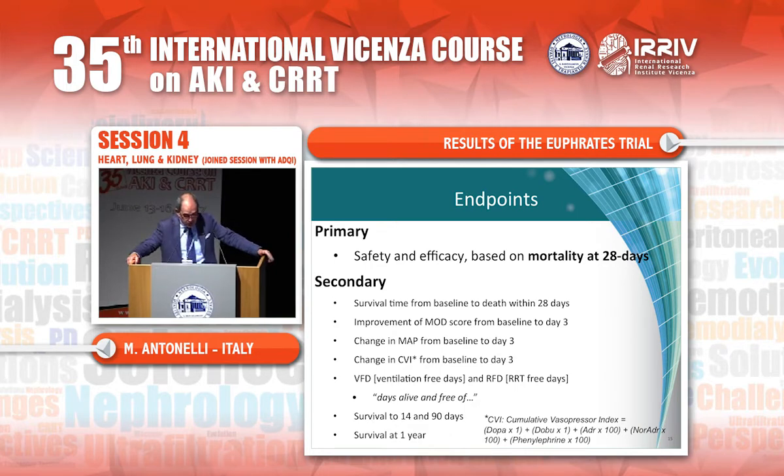And there was also the consideration of the ventilator-free days and the renal replacement-free days, as well as the survival at 14 and 90 days and at 1 year follow-up.